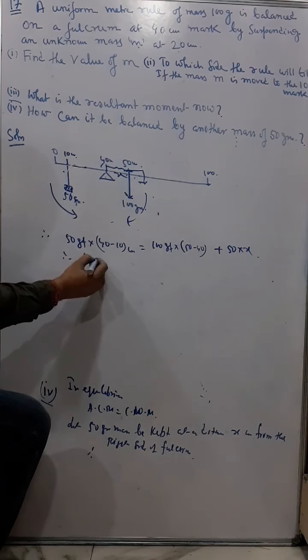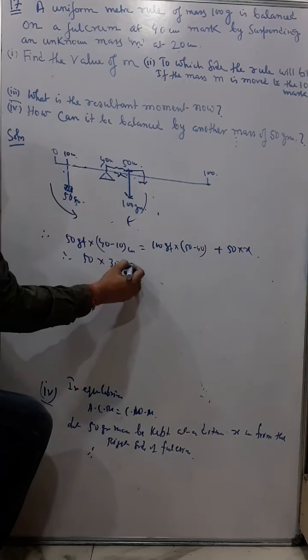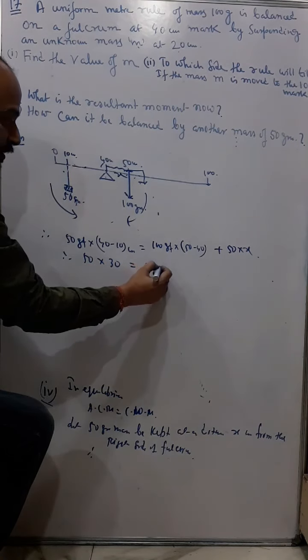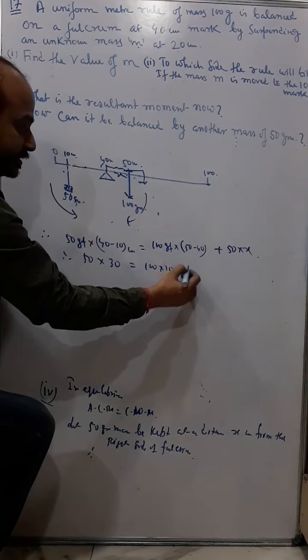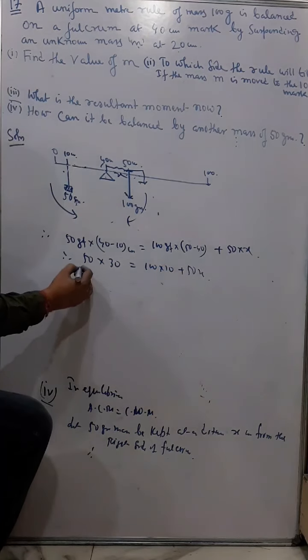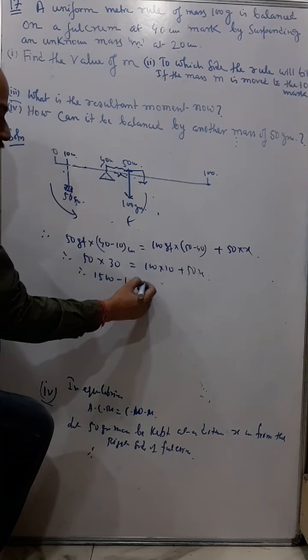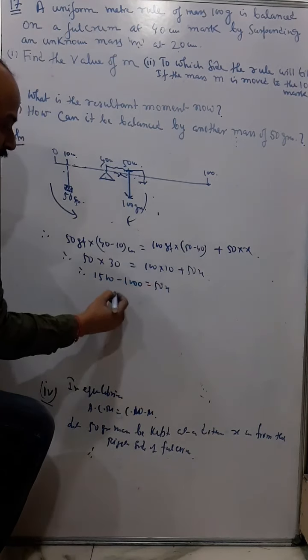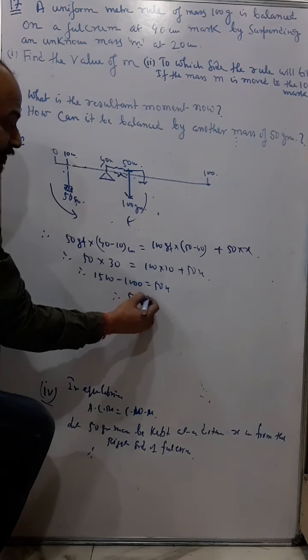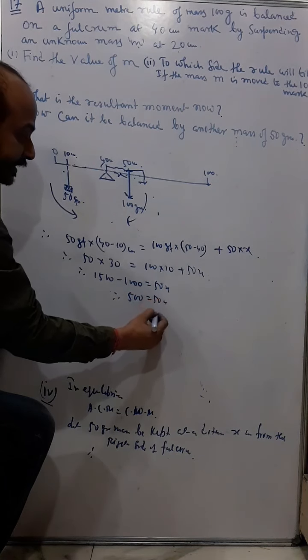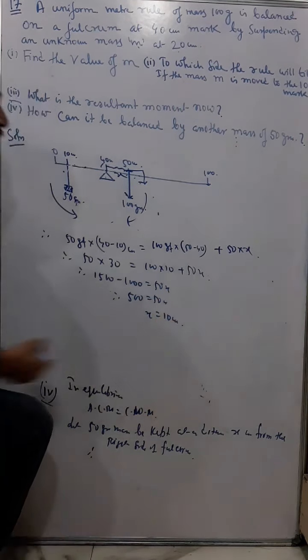So what I get, 50 into 30 is equal to 100 into 10 plus 50x. So I get 1500 minus 1000 is equal to 50x. I get 500 is equal to 50x. I get x is equal to 10 centimeter.